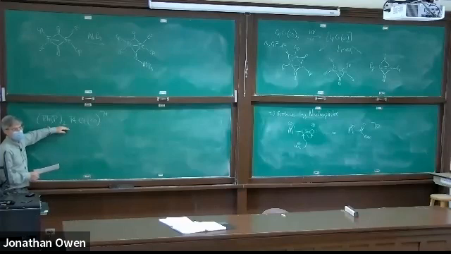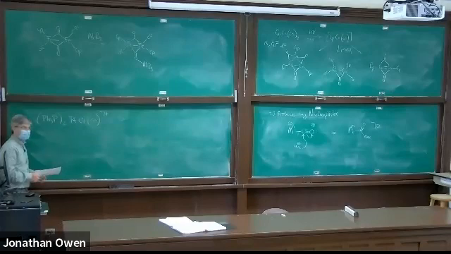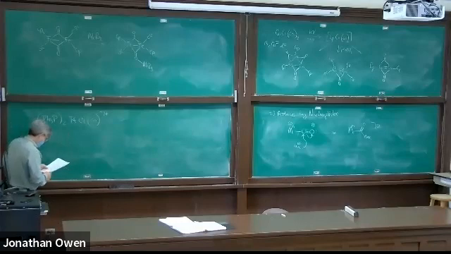Octahedral D6, 18 electrons. It's all over the place. Platinum, lower right-hand side. Platinum 2, you've got 4 things around it. It's going to be a 16 electron D8. That's a very common oxidation state.